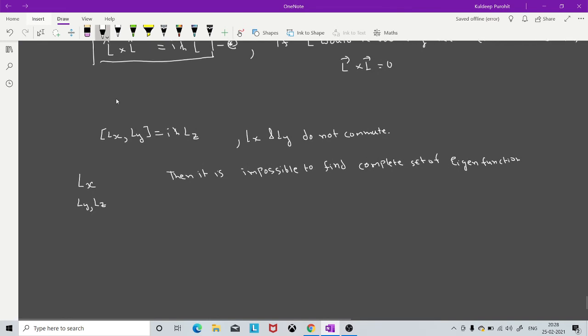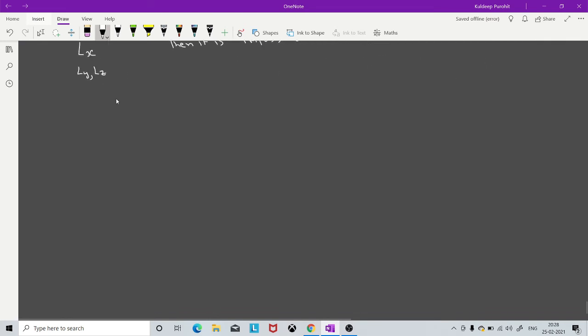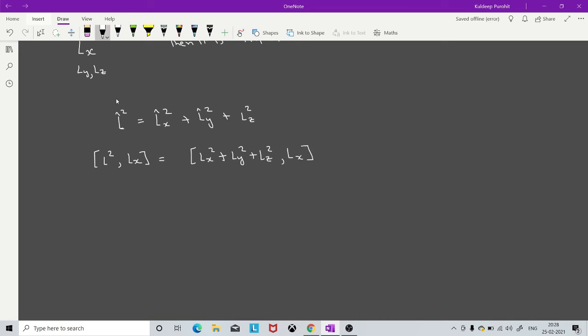So we will define a new operator, the L square operator, which is nothing but Lx square plus Ly square plus Lz square. If I have this operator with me, then what will happen? If I take the commutation of L square with Lx, then this will be equal to the commutator of Lx square plus Ly square plus Lz square with Lx.